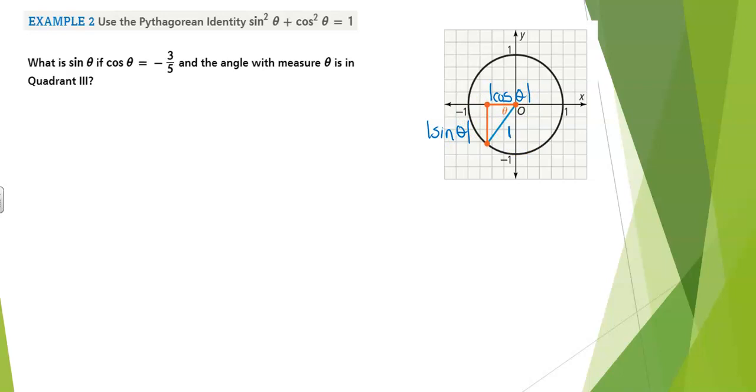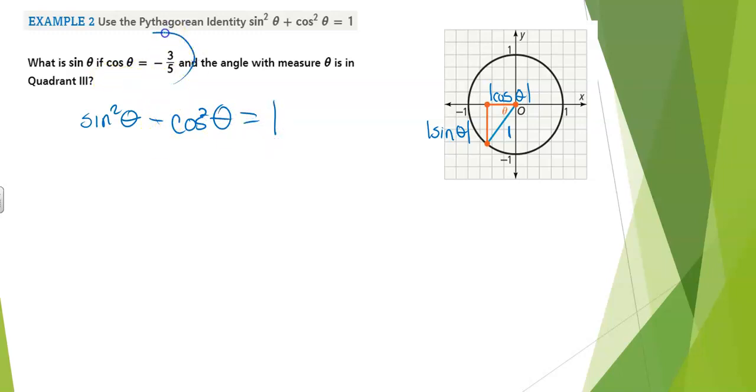So now, if we want to find the sine of theta, if we know the cosine of theta is negative 3/5, and the angle measures in quadrant 3, so what is the sine of theta? It's telling us it's in quadrant 3, so we know both values will be negative. Well, we can just use this identity right here and say sine squared of theta, theta is just the angle I don't know, plus cosine squared of theta equals 1. Well, what do you know?